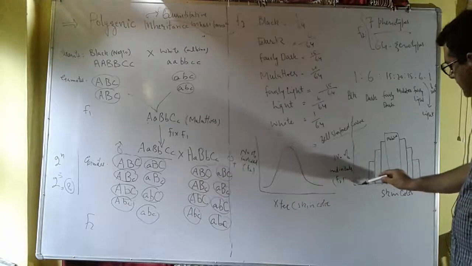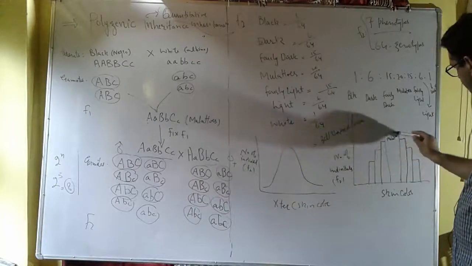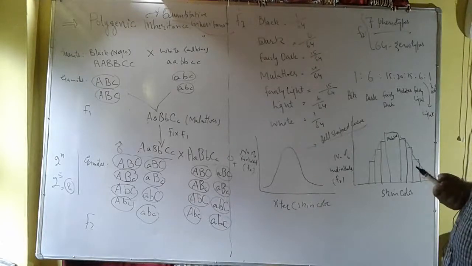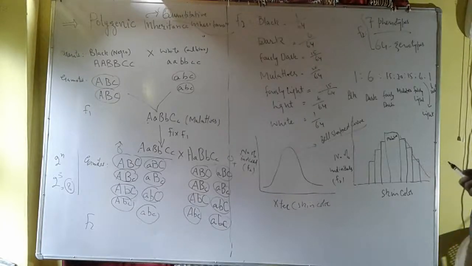So it would be like this. Bell-shaped curve in case of polygenic inheritance or quantitative inheritance.